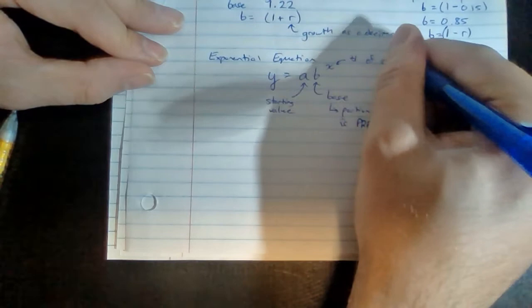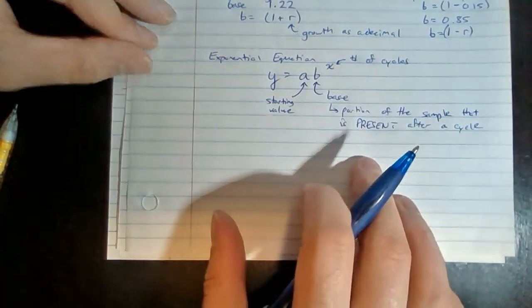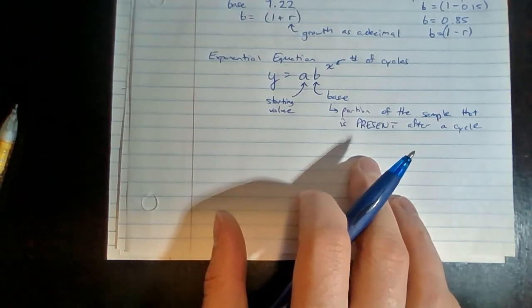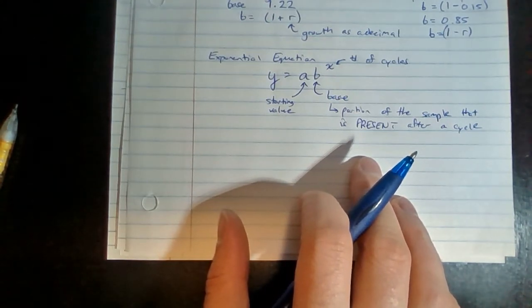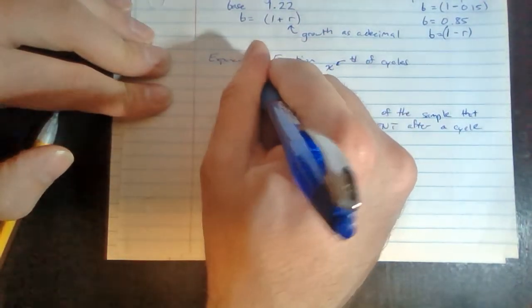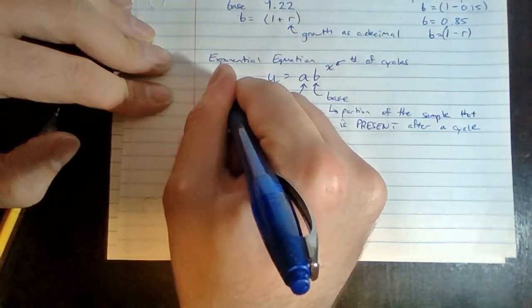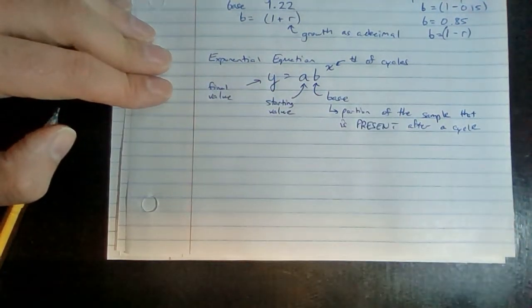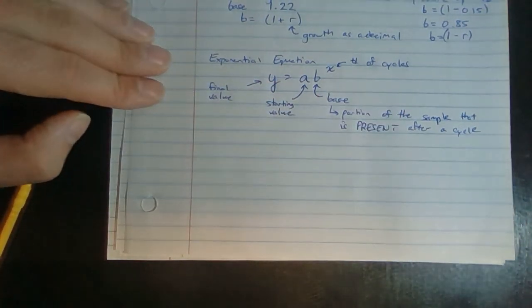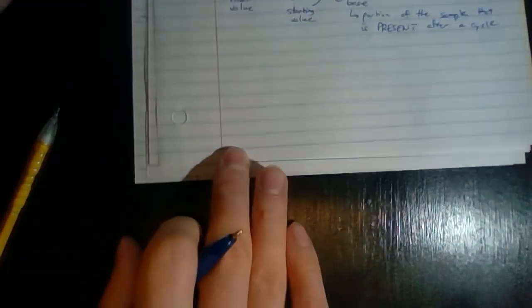So if we go through 2 cycles, we're going to have this B amount after one cycle, and then again after the second cycle. And then y is our final value, or how much we end up with after going through x number of cycles. So grade 11 used this to solve different problems related to growth and decay.